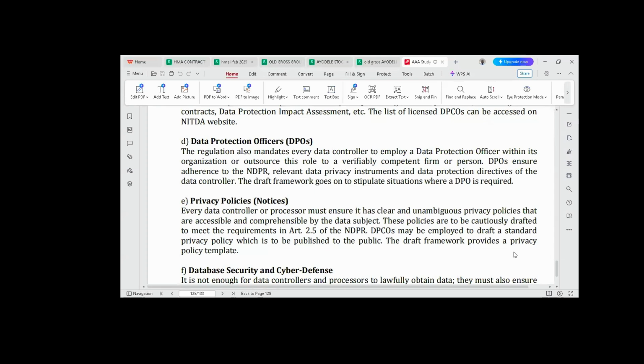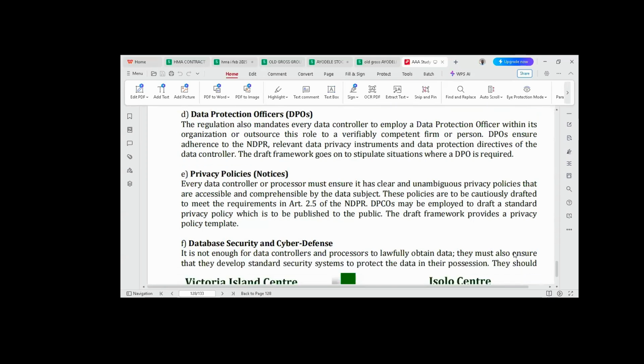So what that means is that there are some policies that need to be drafted that explain the fact that client information at your disposal as an organization cannot be published to the public without seeking their consent, okay?